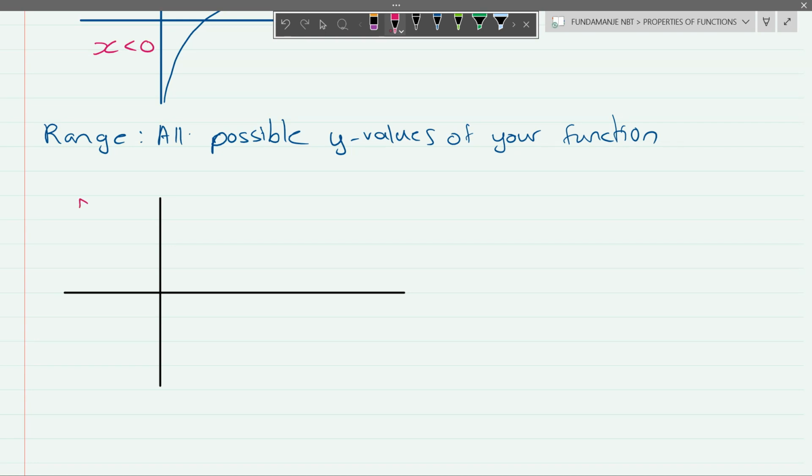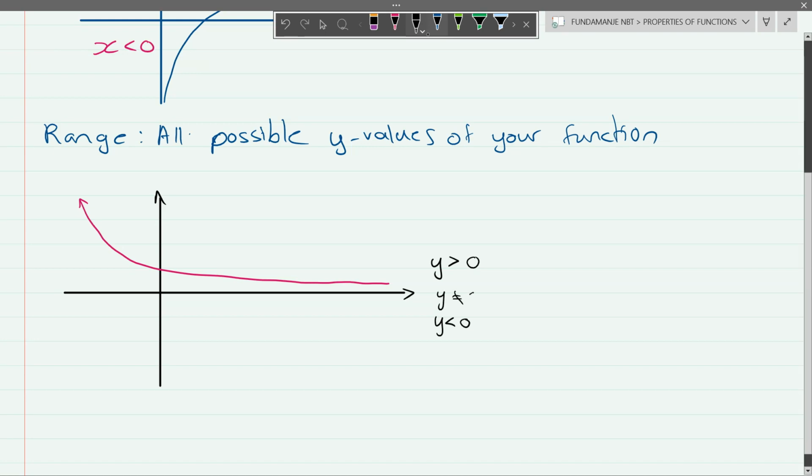If I make this example, I know this is not the standard exponential you're used to, but still it emphasizes the same point, where we can see that our function is defined for all values of y being greater than 0, but not the values that are smaller than 0, and it's also not defined along the line y equals 0. So this is our range.